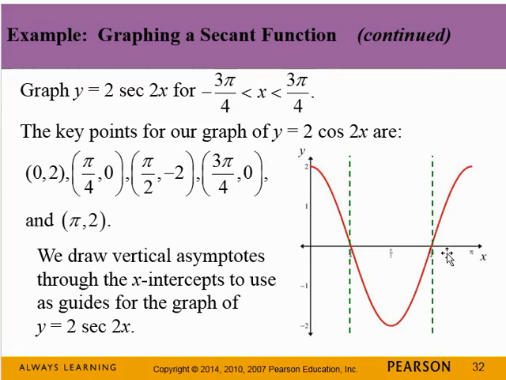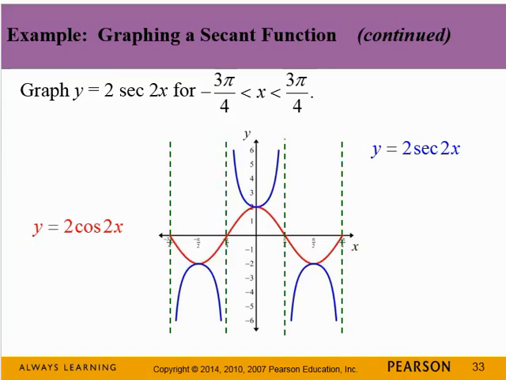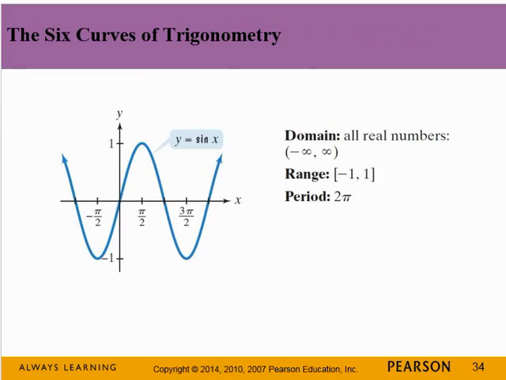The red is our cosine function. We draw vertical asymptotes at the x-intercepts and use those to guide us. Again, red is your cosine and blue is your secant. When you're drawing secant and cosecant, it is important to draw your sine or cosine function first, and then draw your new graph off of that.